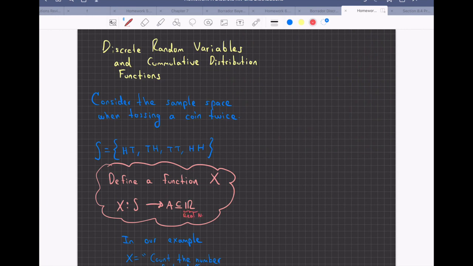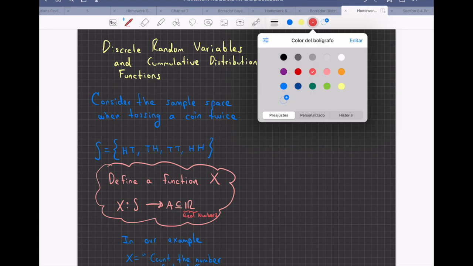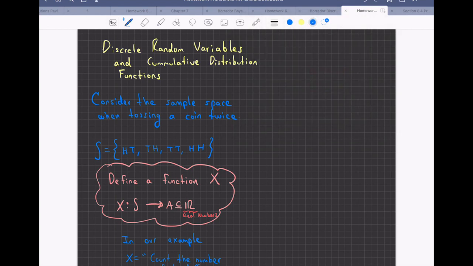But what is it exactly? Well, this means that for each outcome in the sample space, we're going to have associated one value for X on the real numbers. How do we know what that value is?